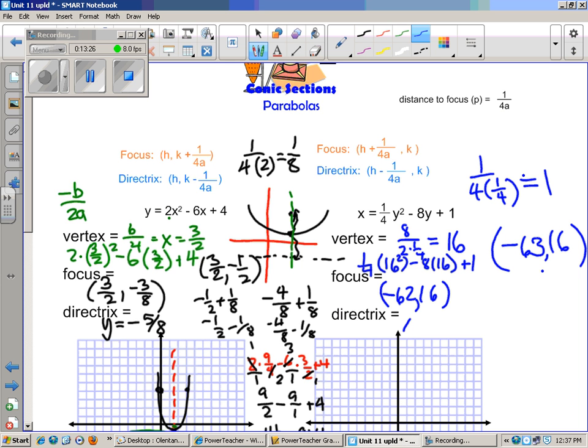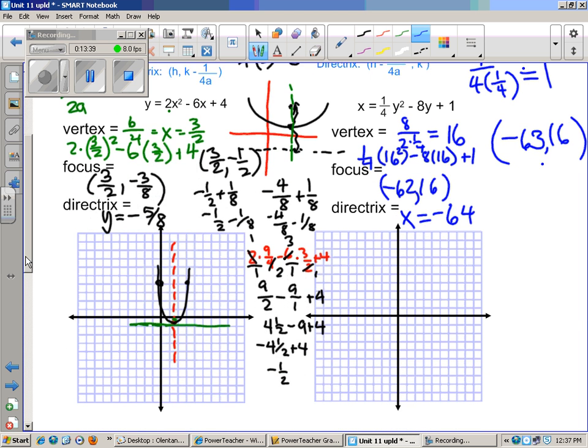And if I subtract 1 from negative 63, I get, right, negative 64. Okay, so let's pretend like that is 16, negative 63.